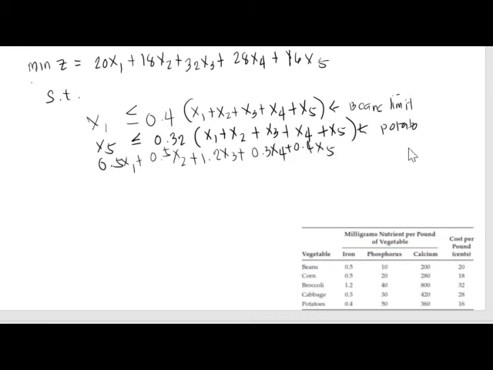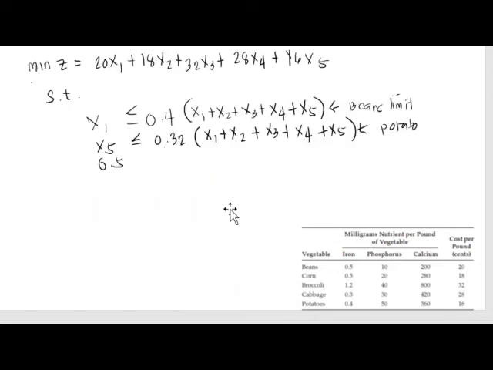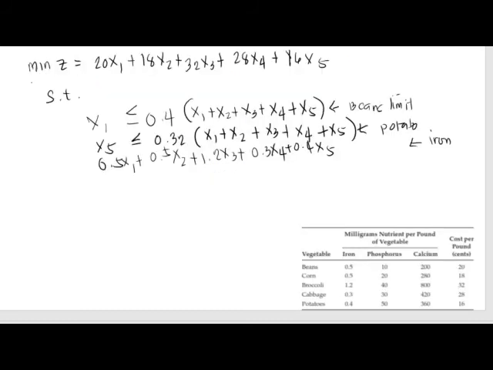Okay, ito ang aking iron. Sabi ay at least 5 grams of iron, so dapat ay greater than or equal to, minimum. Greater than or equal to 5.